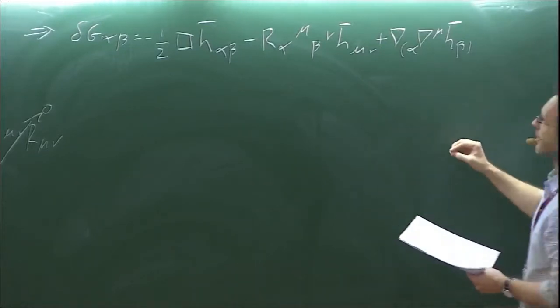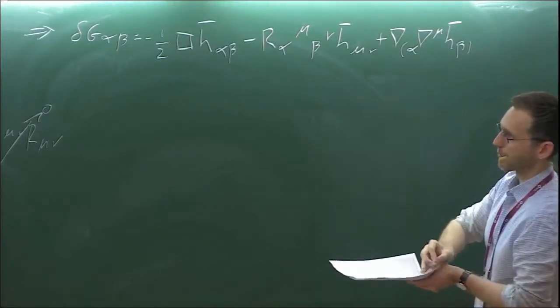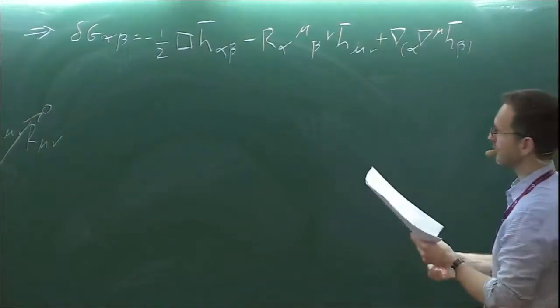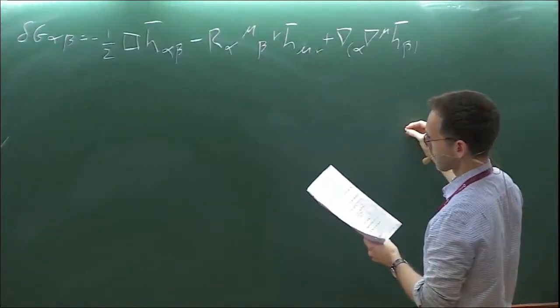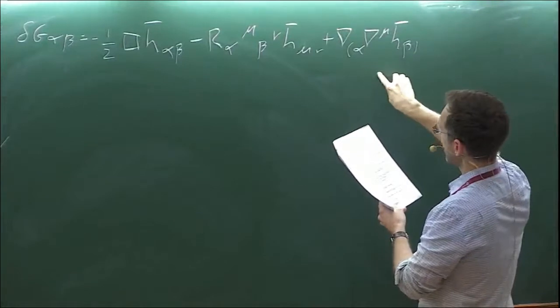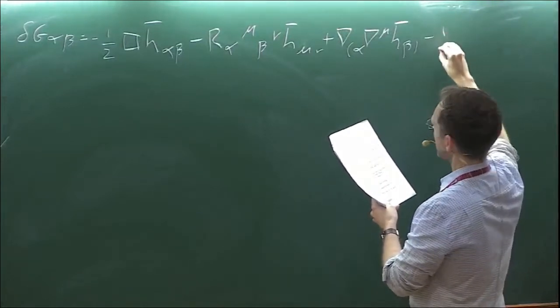So my h bar is his h, up to a minus sign, I think. And up to the fact that his h is always a perturbation off of flat space. This is a perturbation off just a generic background spacetime. Right. Last term here.